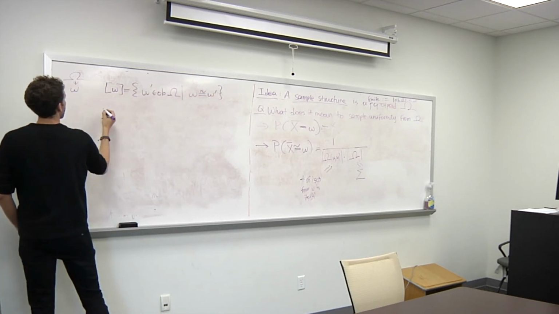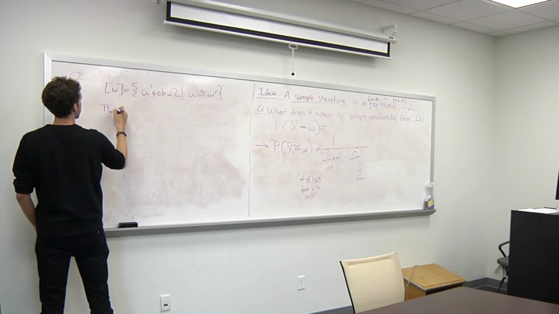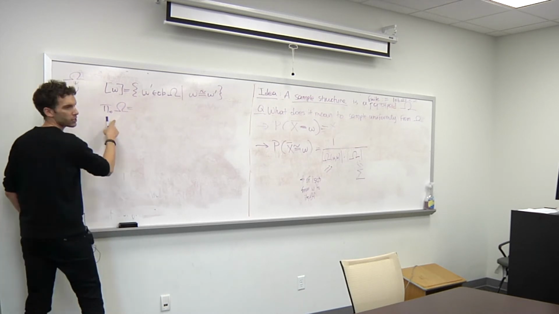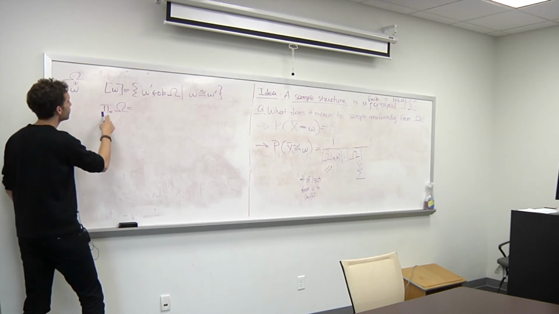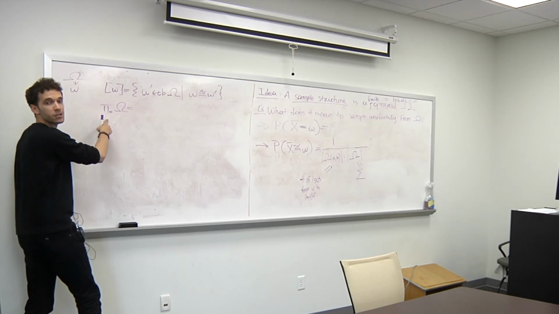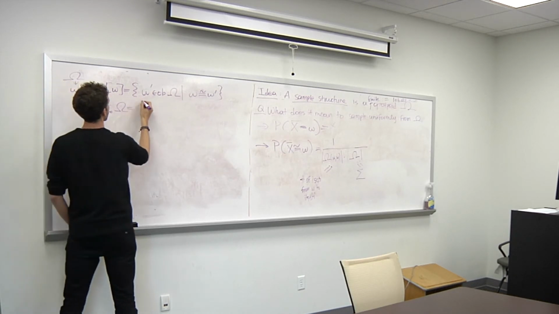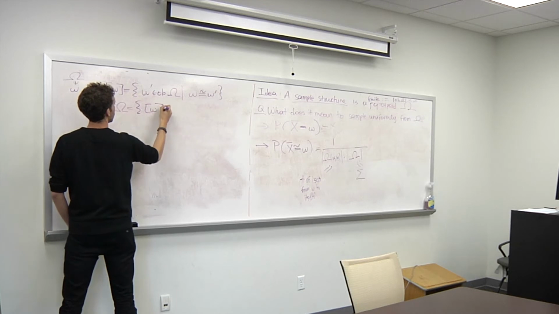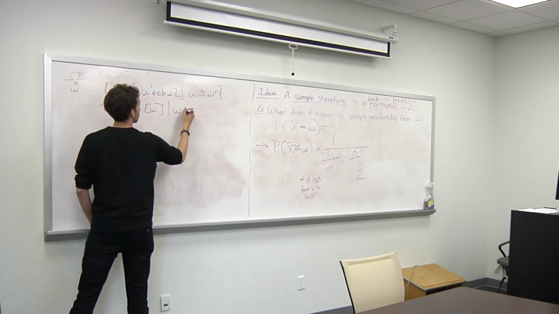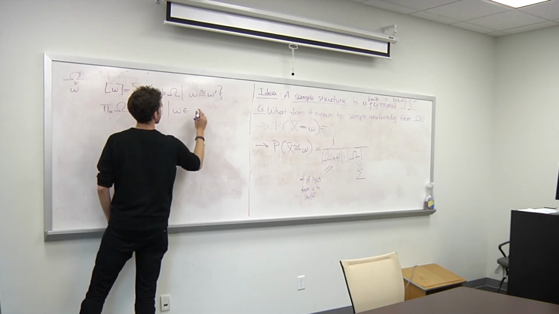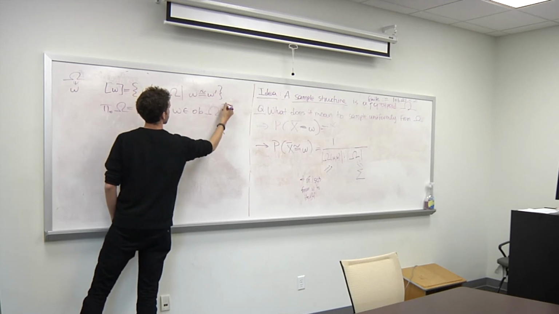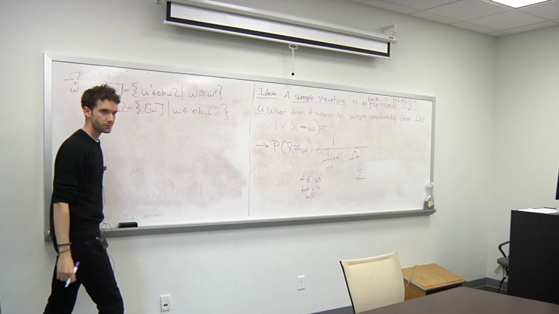Okay? And write pi 0 of omega. This is notation that comes from topology. It's the set of isomorphism classes. So it's the set of all isomorphism classes for all objects of omega. Okay?